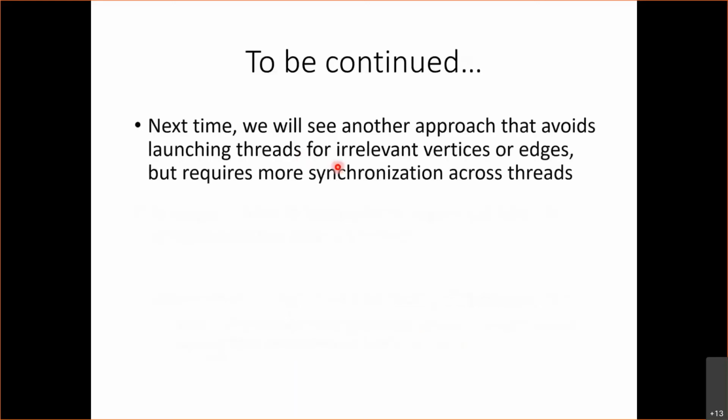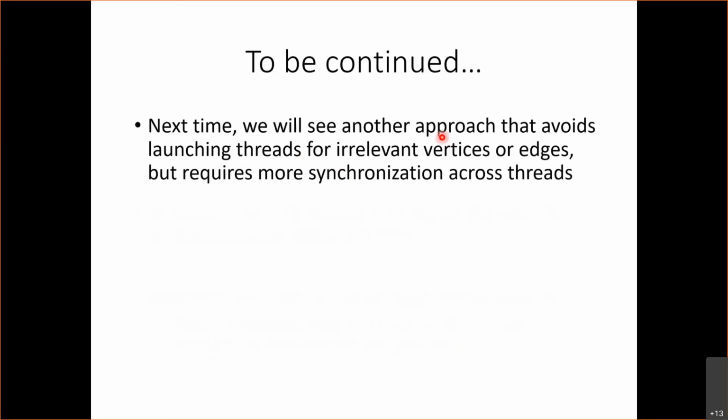So what we will do next time, as this lecture is to be continued, is see another approach for parallelizing BFS. This time we will try to avoid launching threads for irrelevant vertices or edges. Instead, we are going to construct the frontiers of the vertices or edges that are relevant, and only launch threads for those relevant for that iteration.